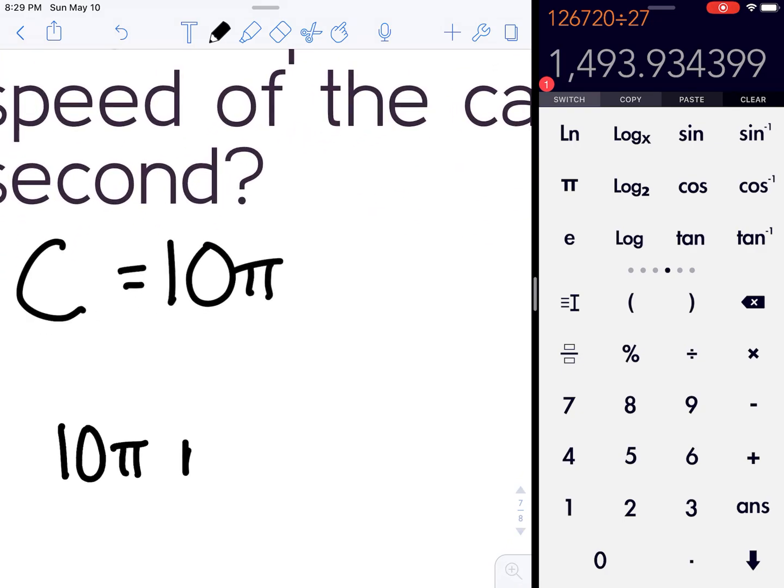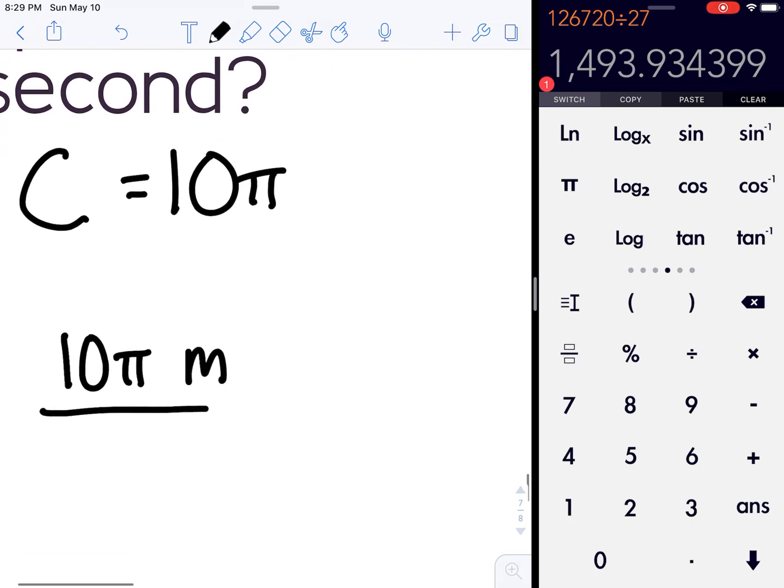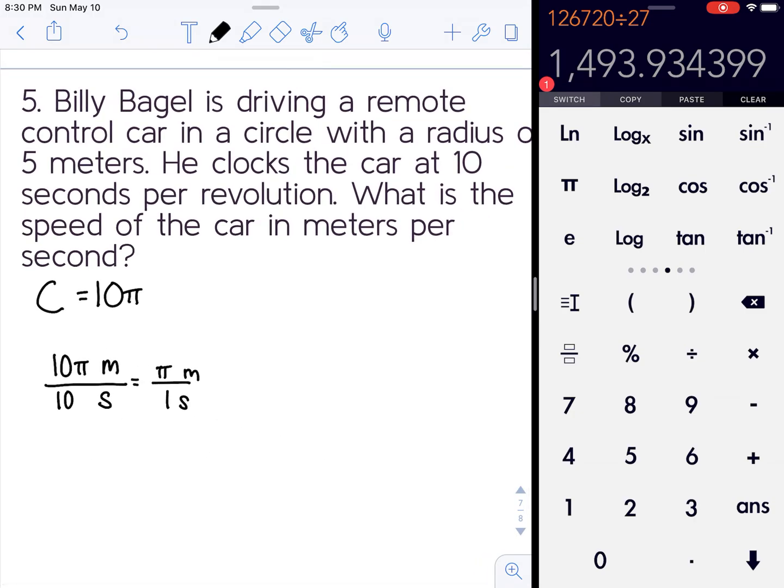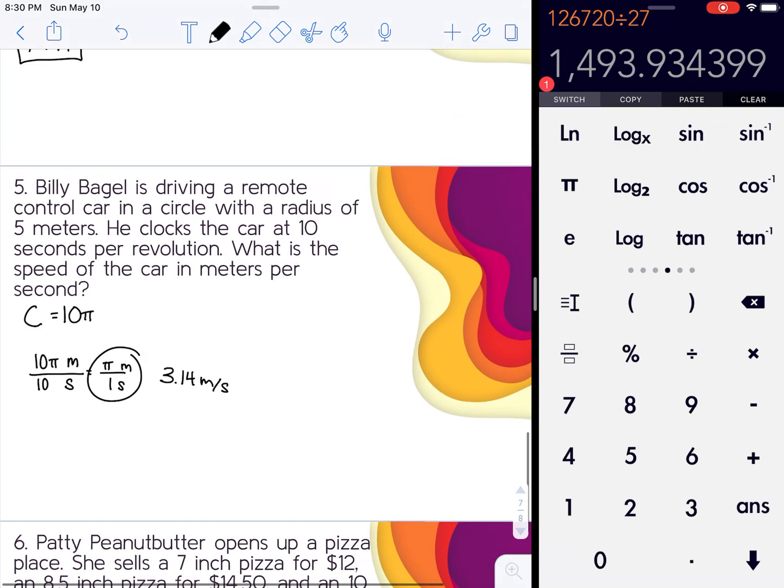So right now it's going 10 pi meters in 10 seconds, which means in 1 second, well, I can easily divide that by 10, and I get pi meters per second. I would probably in the real world say it's going 3.14 meters per second, but you could say pi meters and be even more exact.